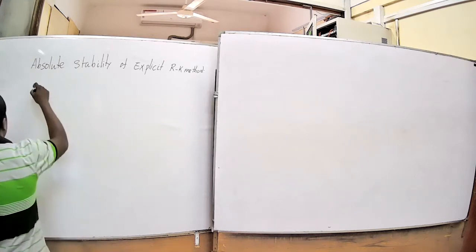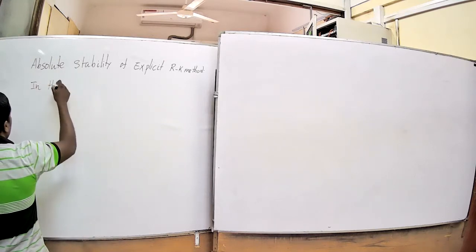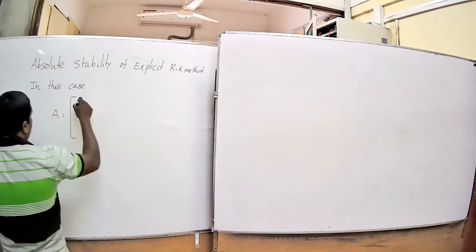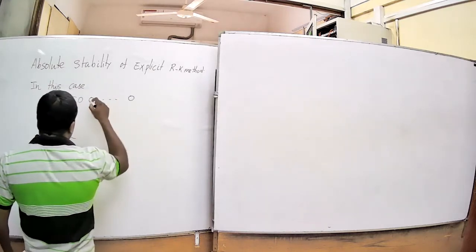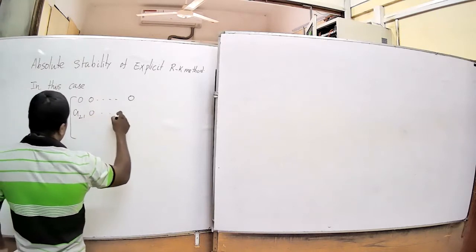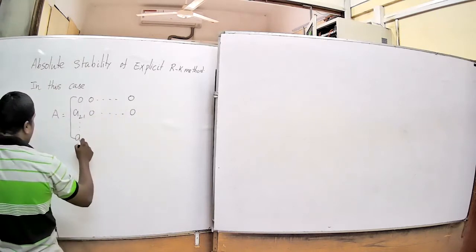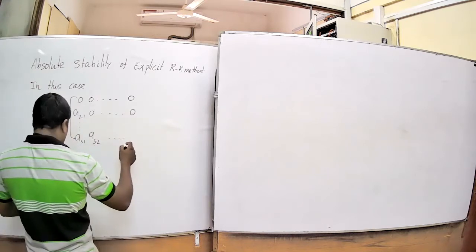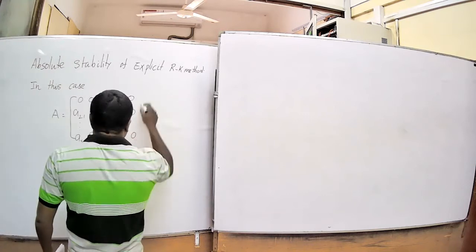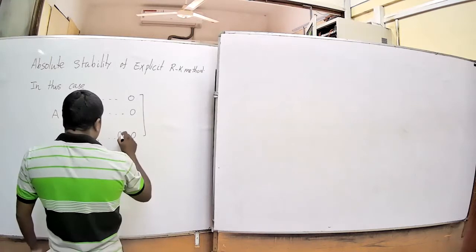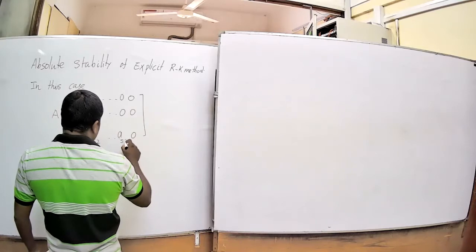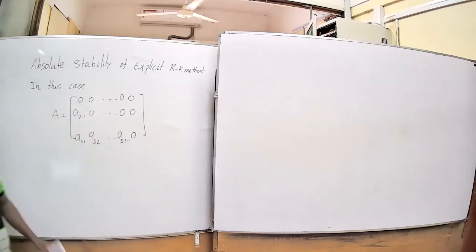So in this case, we know that the matrix A is a strictly lower triangular matrix.